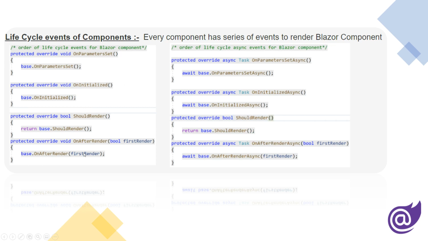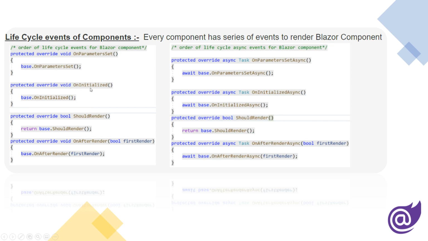This method will be executed every time any event happens, and this method will execute when any parameter is set. Suppose through raw data, some values we need to pass to the page. Those values we need to assign to the component properties. We can assign them in this method.